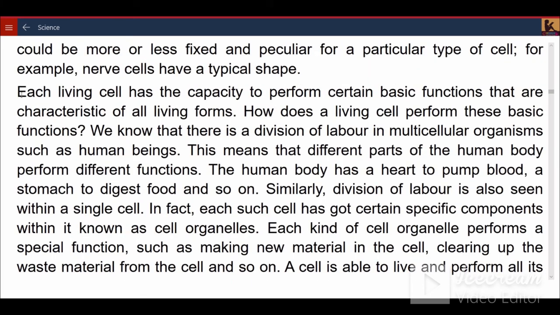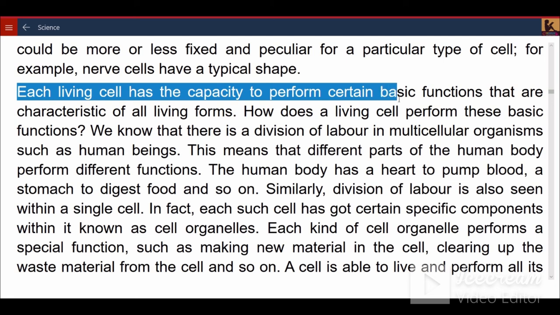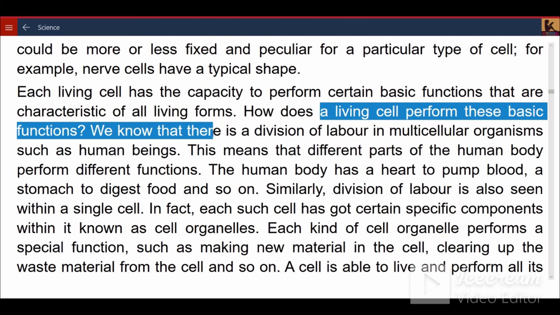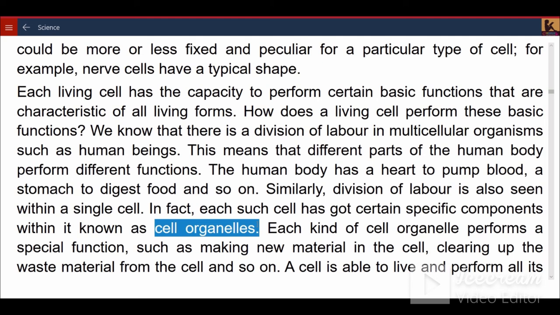Just like each living cell has the capacity to perform certain basic functions, it is similar to our division of labor. A living cell performs these basic functions. There is a division of labor. It has organelles called cell organelles.